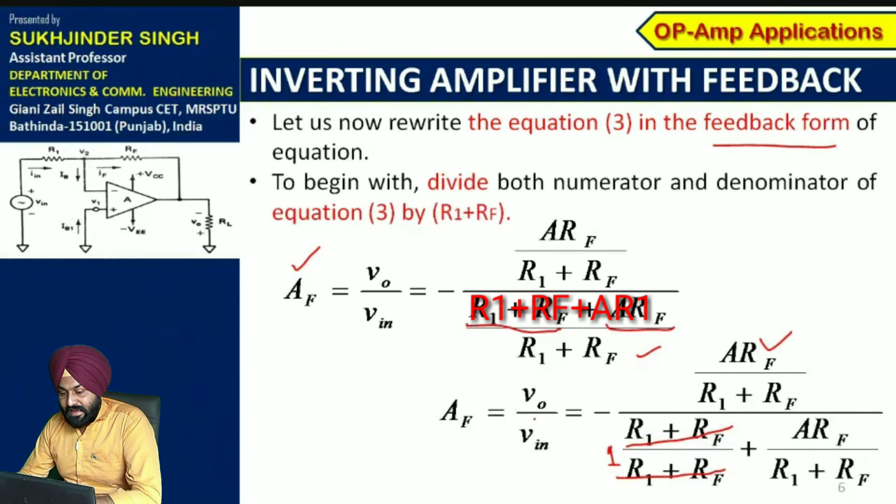So you can write AF is equal to V naught upon V in is equal to minus A into RF upon R1 plus RF, divided by 1 plus A RF upon R1 plus RF.